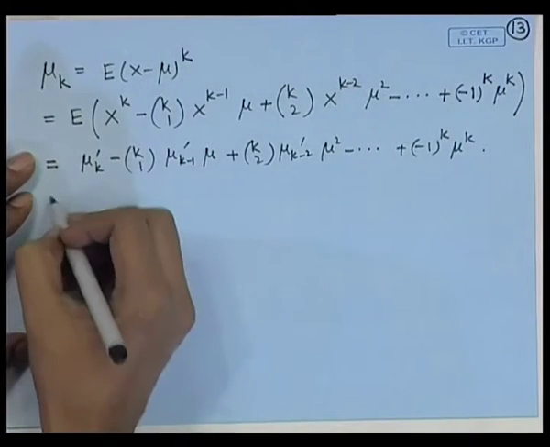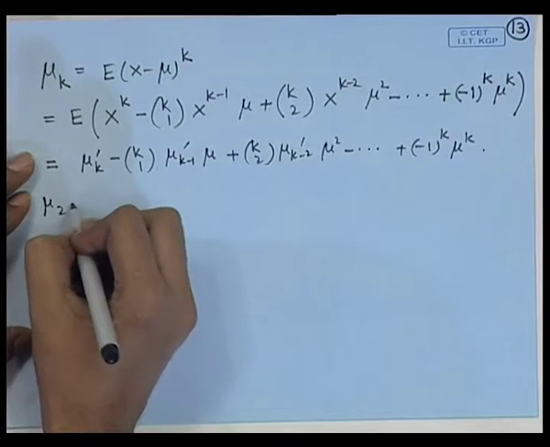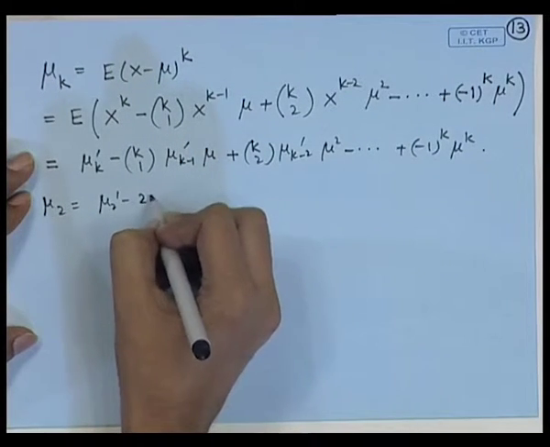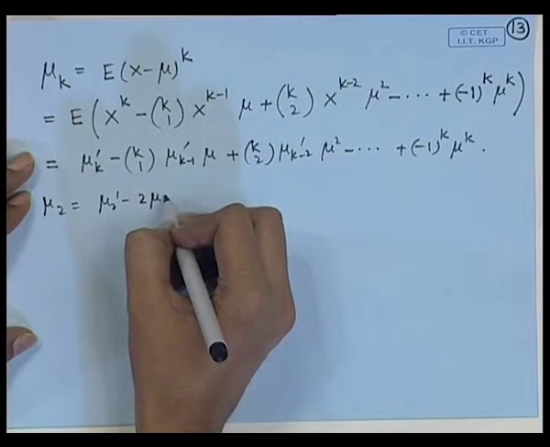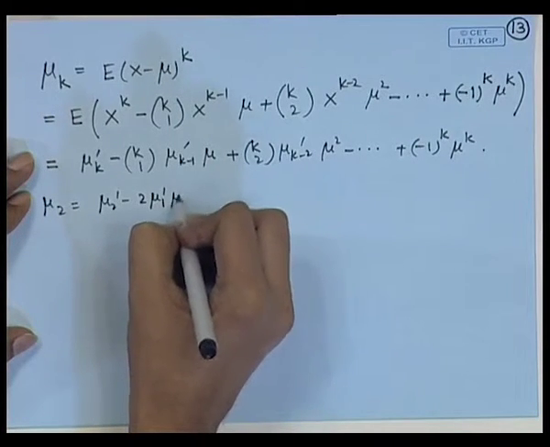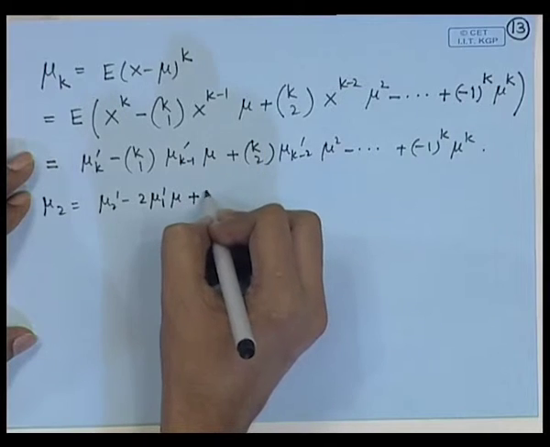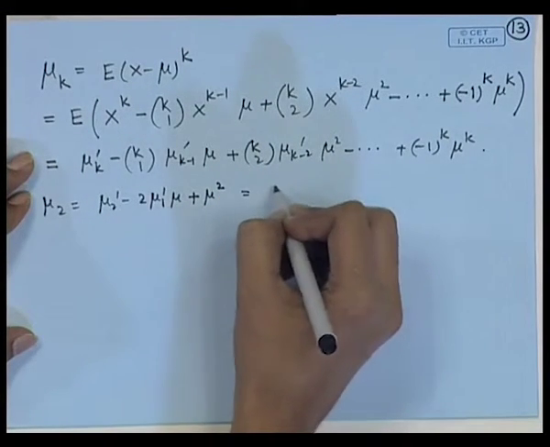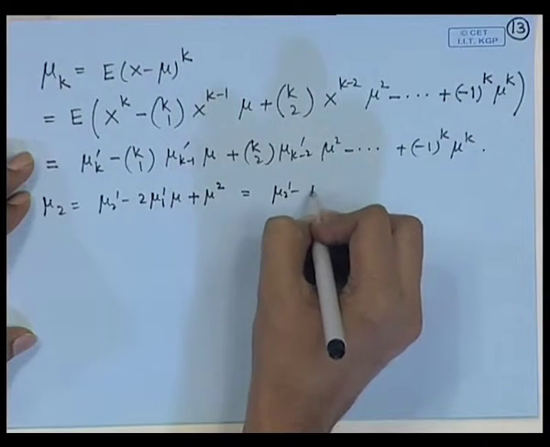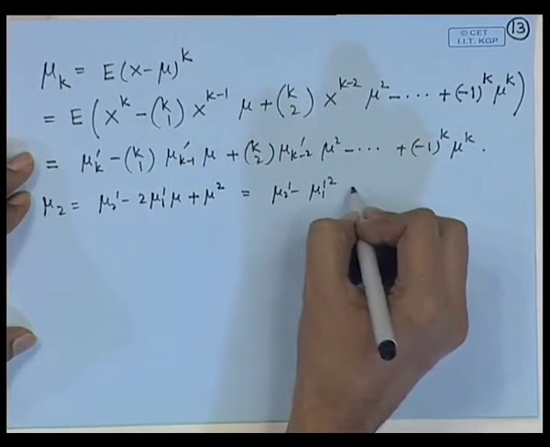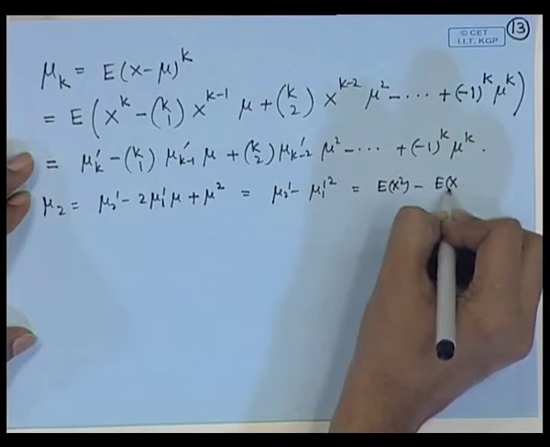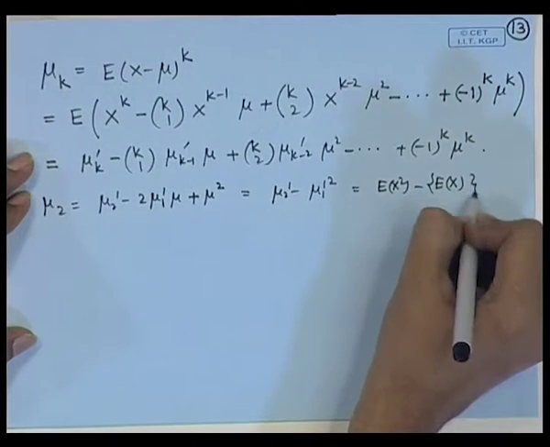In particular, we can write mu 2 is equal to mu 2 prime minus 2 mu 1 prime mu plus mu square, which is equal to mu 2 prime minus mu 1 prime square, or expectation x square minus expectation x whole square.